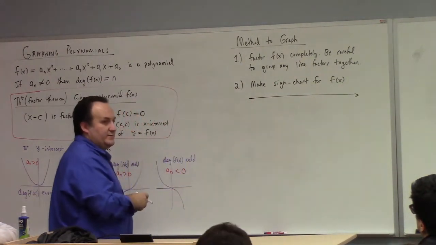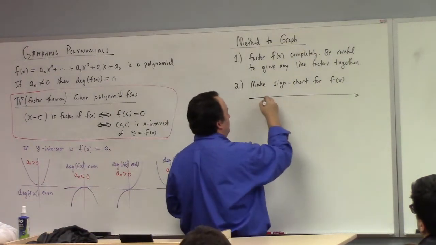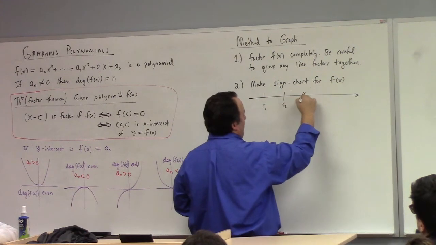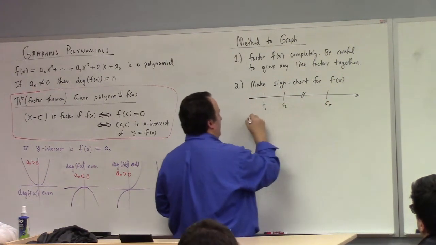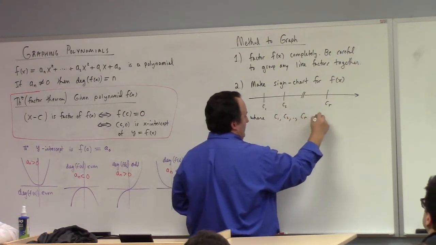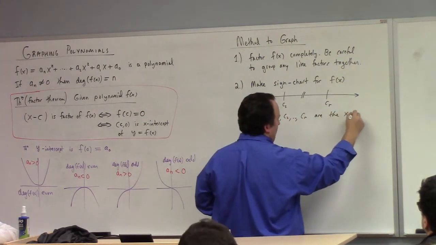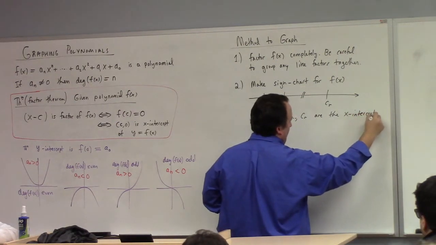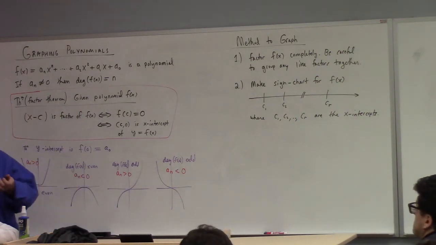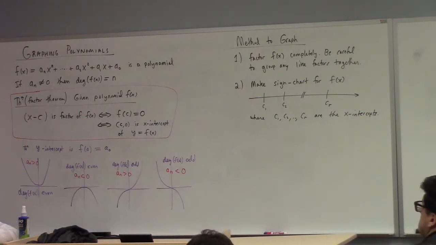Make a sign chart for f of x where we lay down C1, C2, all of them, however many there are, Cr, where C1, C2, Cr are the x-intercepts. And how do I know what the x-intercepts are? I know because I know the Factor Theorem. So every factor in the factorization corresponds to an x-intercept in our thinking today.